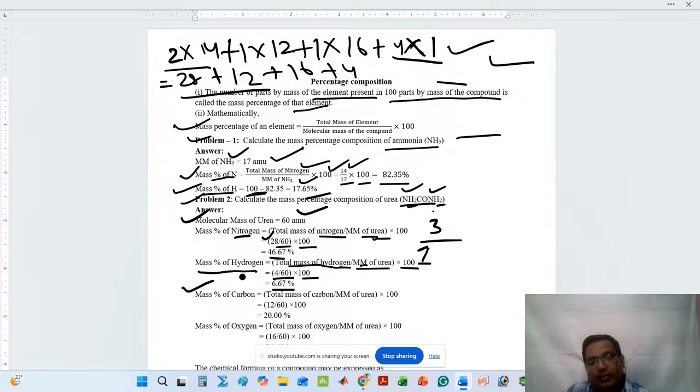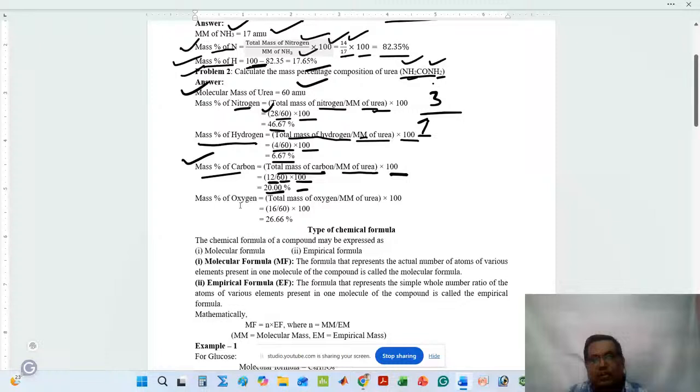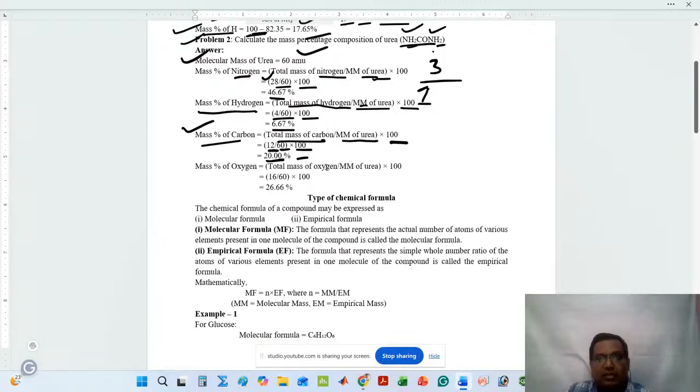Similarly, mass percentage of carbon means total mass of carbon divided by molecular mass of urea into 100. Total mass of carbon is 1 into 12, that means 12. Molecular mass of urea is 60. So mass percentage of carbon equals 12 divided by 60 into 100. After calculation, you can find that it is 20 percent. Similarly, mass percentage of oxygen means total mass of oxygen divided by molecular mass of urea into 100.